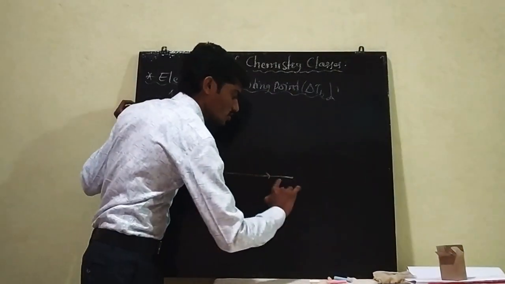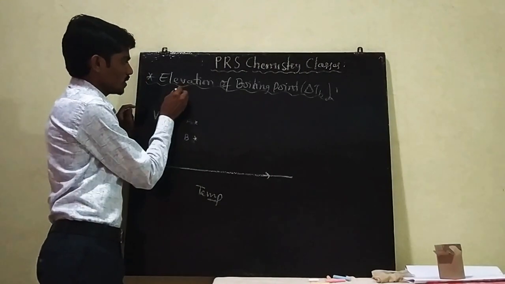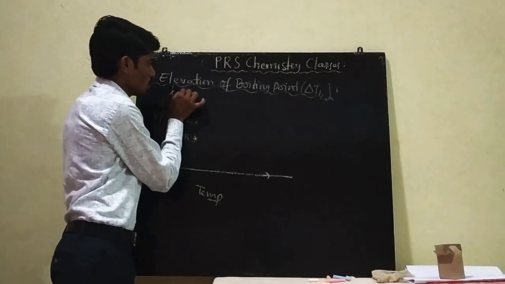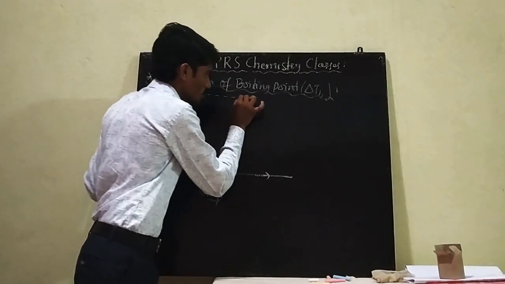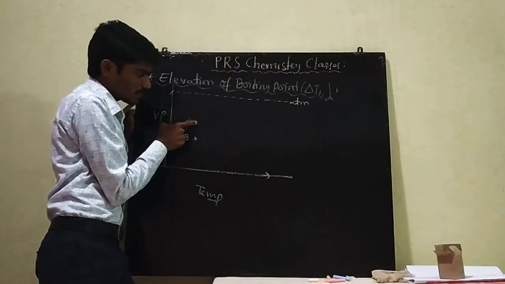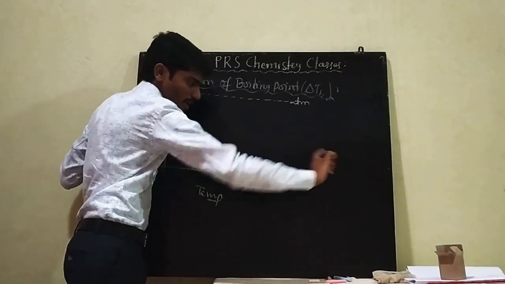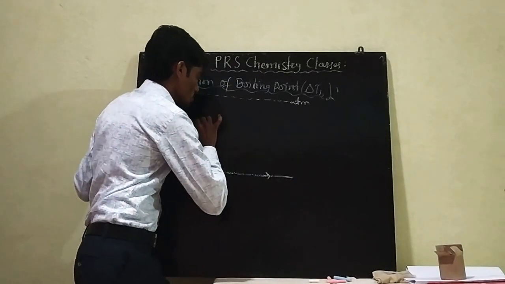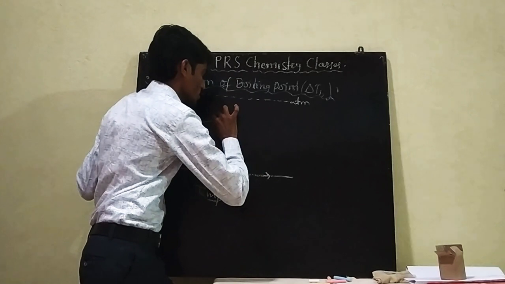Now as the temperature increases, and one more point here, let us consider atmospheric pressure. यहाँ पर atmospheric pressure, this represents atmospheric pressure. तो ये atmospheric pressure से भी कम है. As the temperature increases, the vapor pressure of the substance goes on increasing.